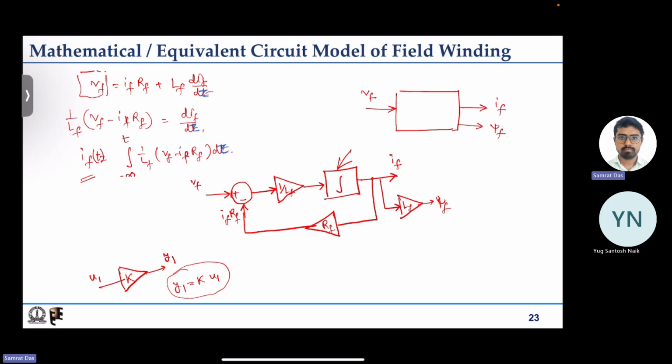You need the input history starting from infinity, or you can define some initial condition of the output, and if you know the inputs afterwards, then you will be able to solve for IF.